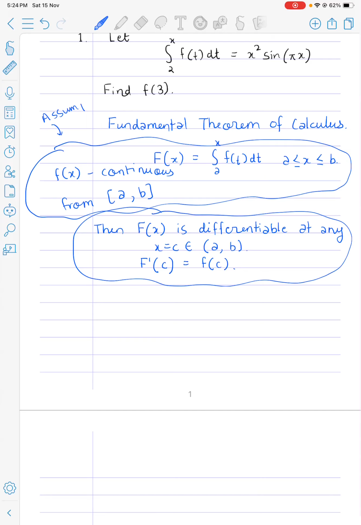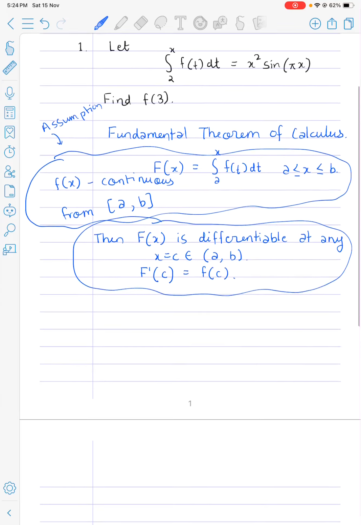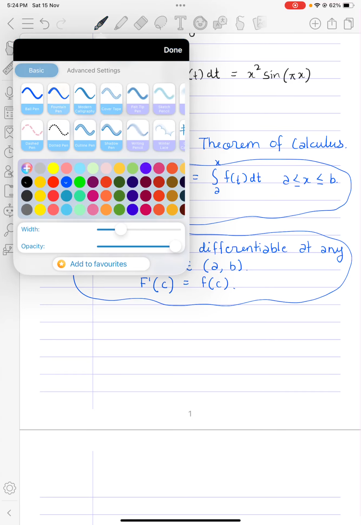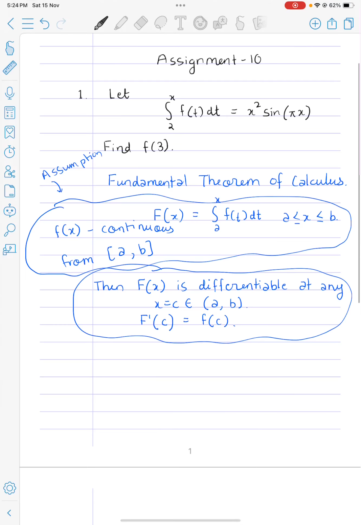So let's see. Before using the fundamental theorem of calculus, I just want to point out one thing. In this question, there is a minor typo: you should assume that f is actually continuous. It should have been written in the question so that you can use the fundamental theorem of calculus.